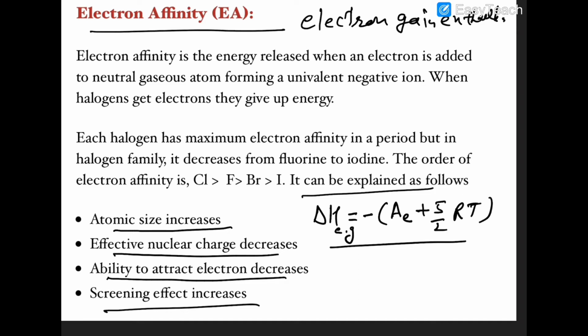I'm repeating once more, as we move down the group, atomic size increases, effective nuclear charge decreases, ability to attract electron decreases, and screening effect increases. The combination of these four factors makes the electron affinity values or electron gain enthalpy values decrease as we move down the group.